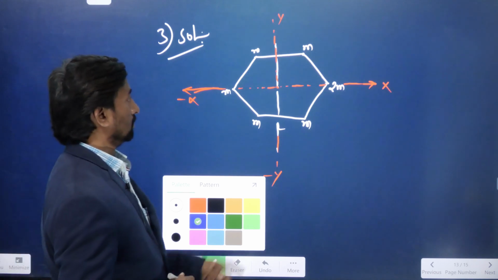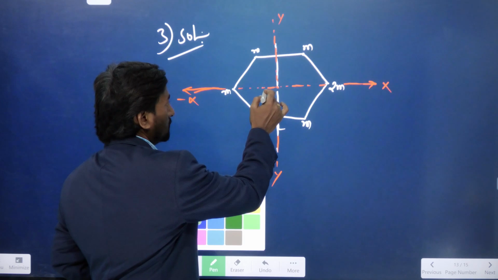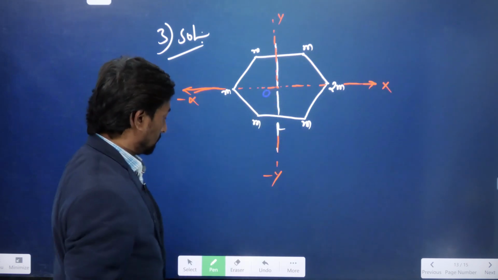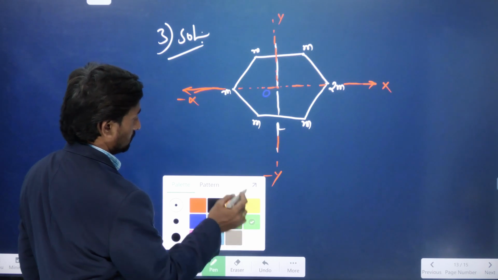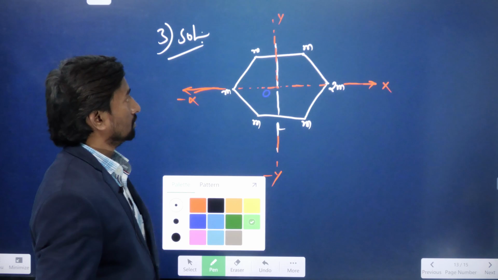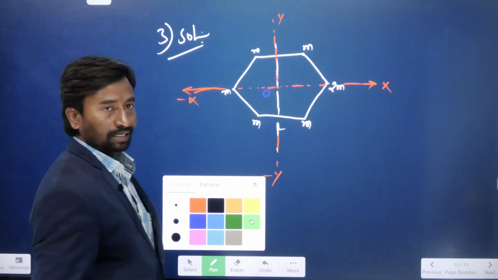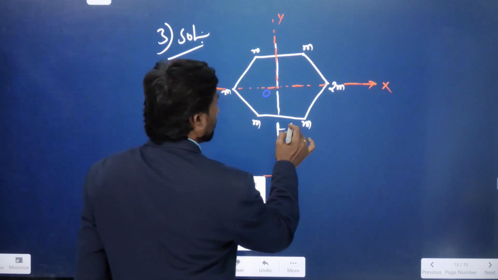Okay. So, if the geometric center of the hexagon is placed at the origin, it bisects this side, no? Then this is L by 2 length.